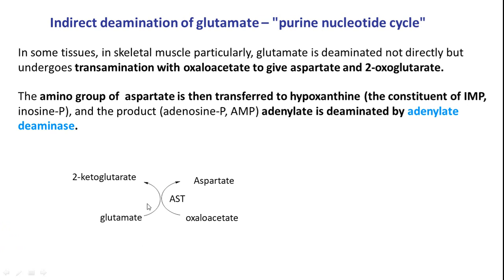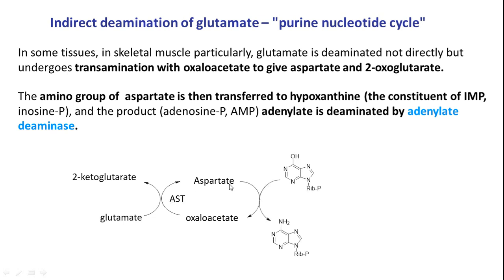At the same time, this is coupled with a pathway where the amino group from glutamate is abstracted by oxaloacetate so that it forms aspartate. Glutamate is converted to alpha-ketoglutarate by removing the amino group, and oxaloacetate is converted to aspartate. The aspartate aminotransferase enzyme helps achieve this reaction.